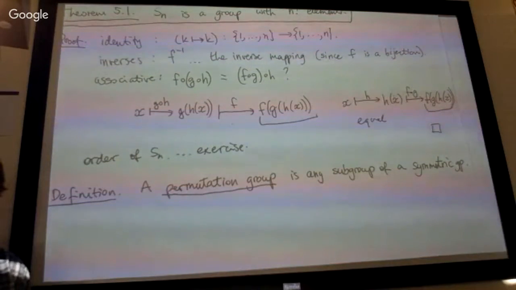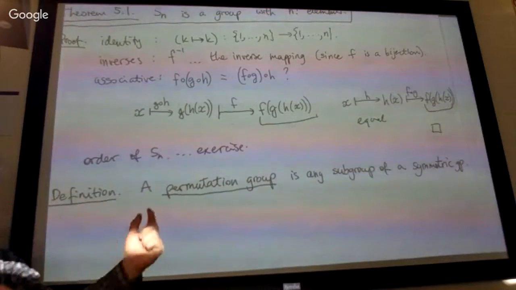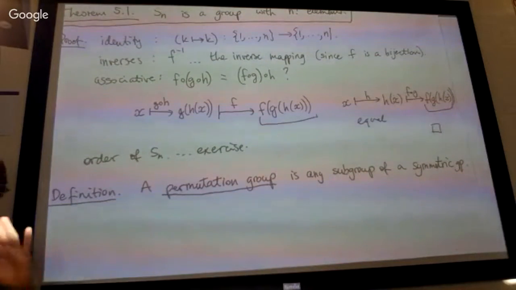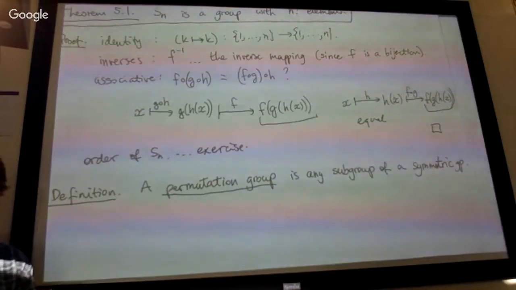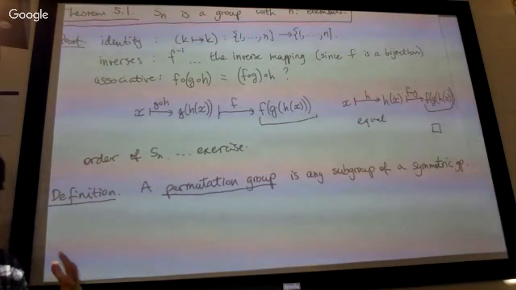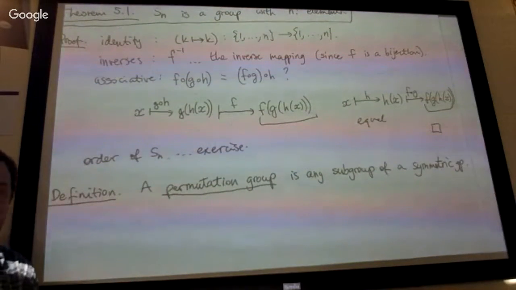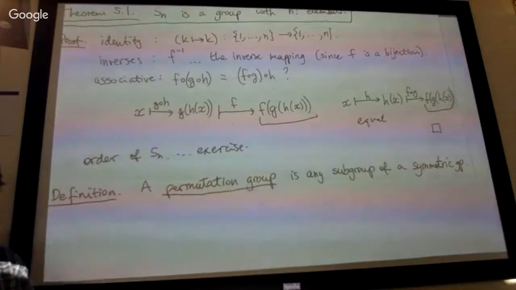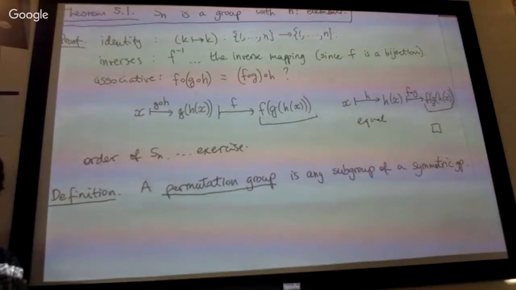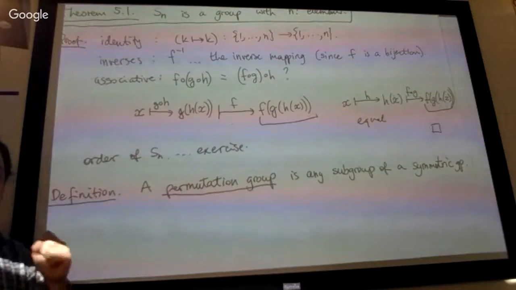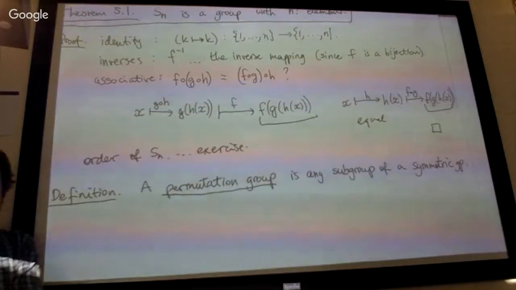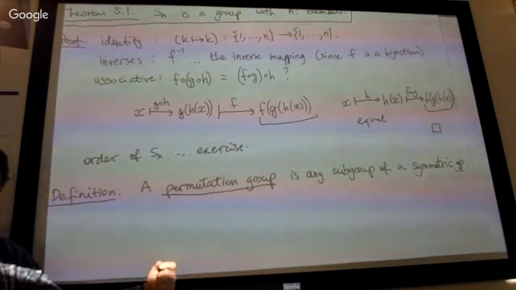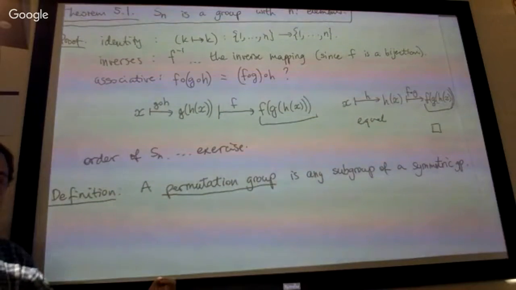Does that make sense? So when you can map any number to any other number, as long as you don't map two numbers to the same number, it's a symmetry of the set. So there is no special structure. If you have a square, it's the dihedral group. In the square, you can't do whatever you want with it. If you have two adjacent vertices, you can't map them to opposite vertices, diagonally opposite.